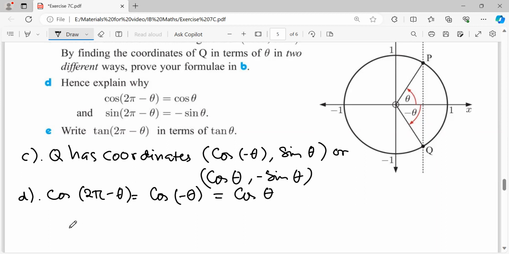And sine of 2 pi minus theta equals sine of minus theta, and it is negative sine theta. Next, E.